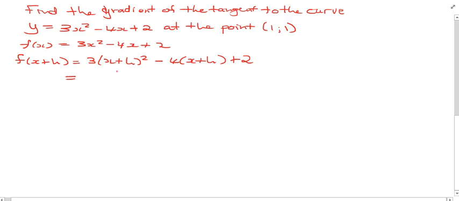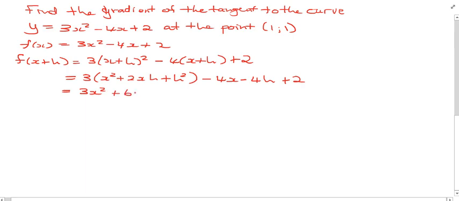Then we can expand this: we have x squared plus 2xh plus h squared, minus 4x minus 4h plus our 2, and that will give us 3x squared plus 6xh plus 3h squared minus 4x minus 4h plus 2.